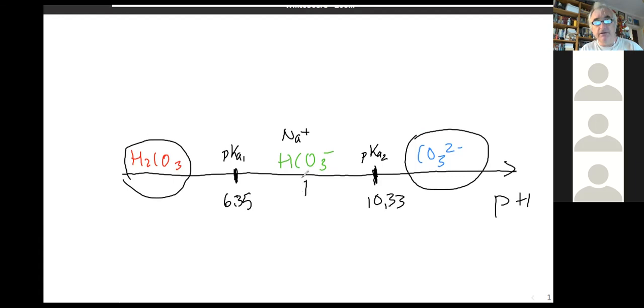Why not in the center? What is the average value here? It's 8.34. And this happens to be the pH of the sea. So it could be a coincidence, of course, but it isn't. This is a simplification of the so-called logarithmic diagram.